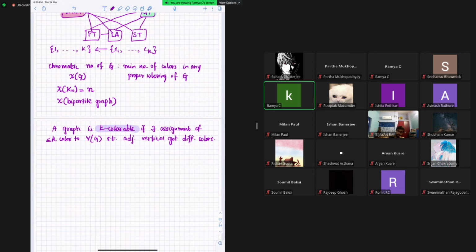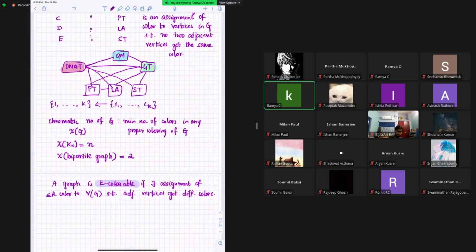You give both the partitions different colors. Now, if you are able to two color a graph, then you can put all the red vertices on one partition and blue vertices in the other partition, and there will only be edges between red and blue, across them, and within the same partition there won't be edges. So chi of a bipartite graph is equal to 2, in the sense that any two colorable graph is bipartite and any bipartite graph is two colorable.